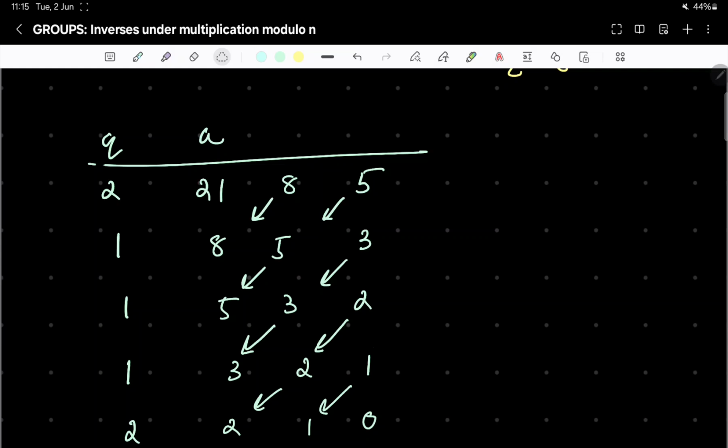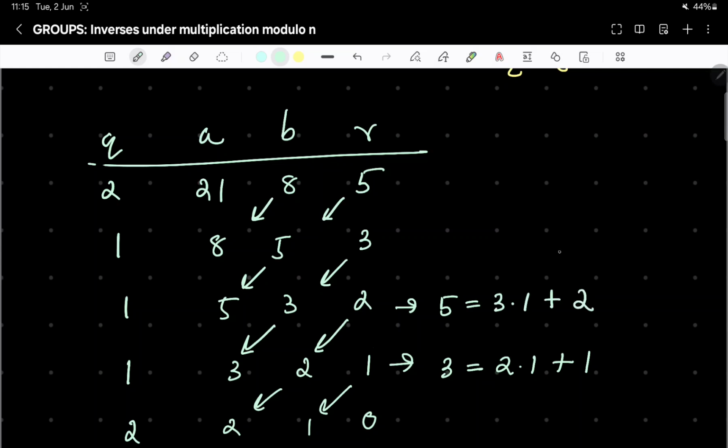So what is the meaning of this? 3 is equal to 2 times 1 plus 1, right? What is the meaning of this? 5 is equal to 3 times 1 plus 2.